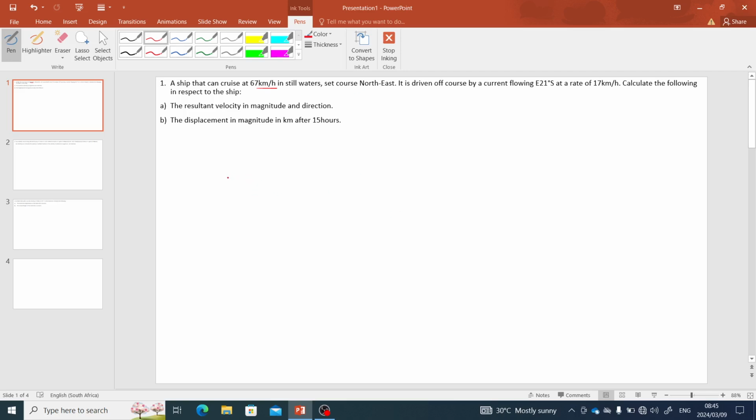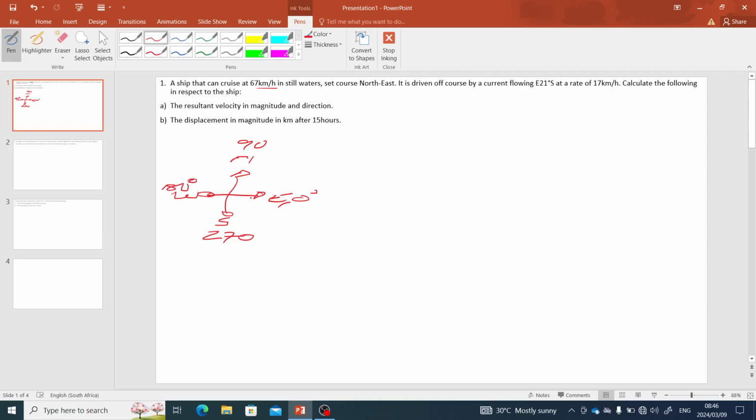Now we are given the coordinates. This is north, east, south, west. We know that north is 90 degrees, east is 0 degrees, west is 180, and south is 270.